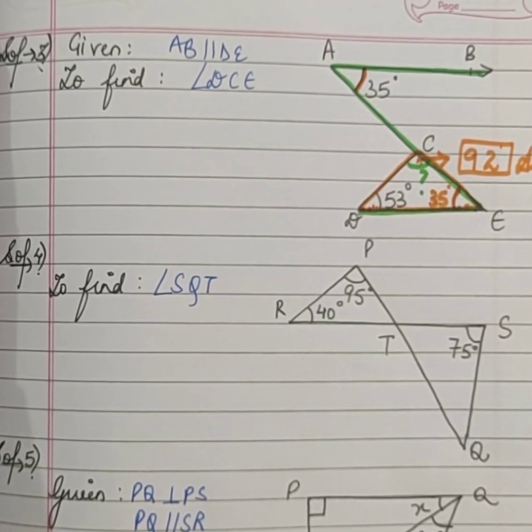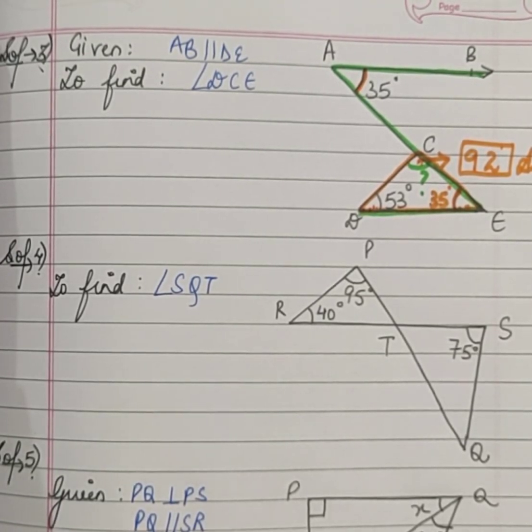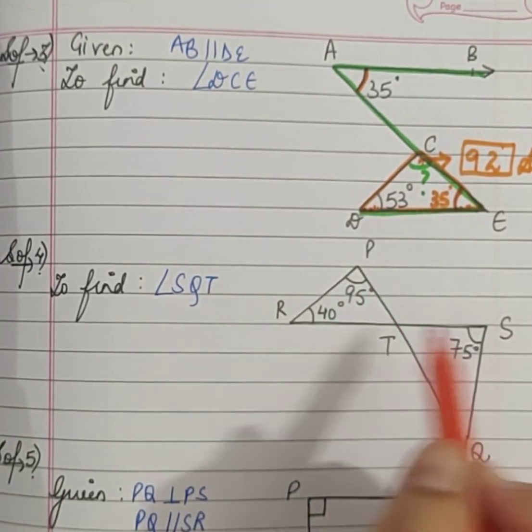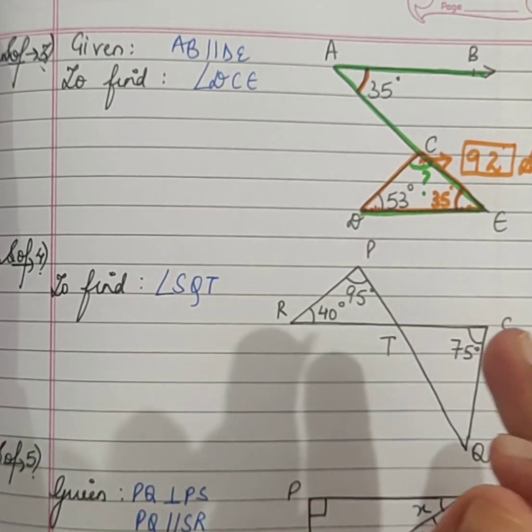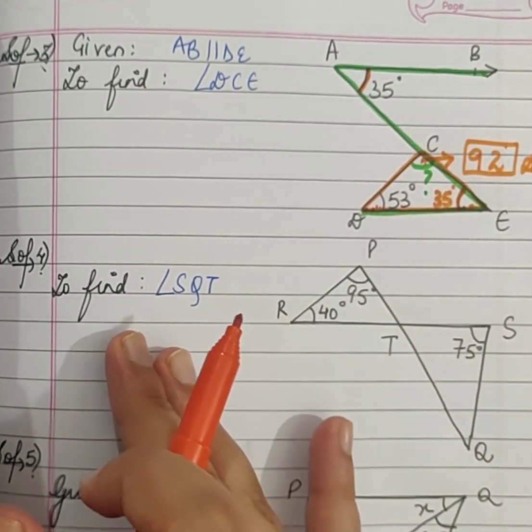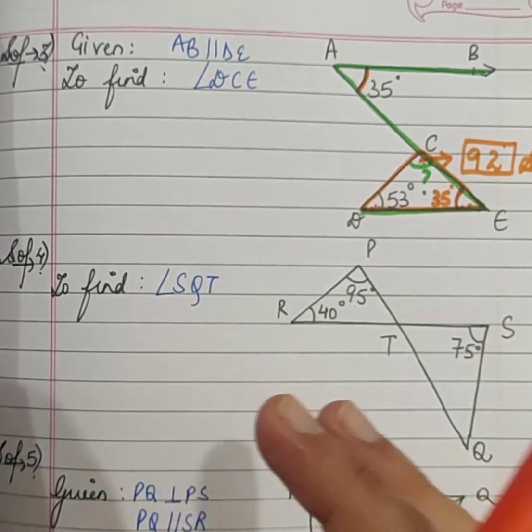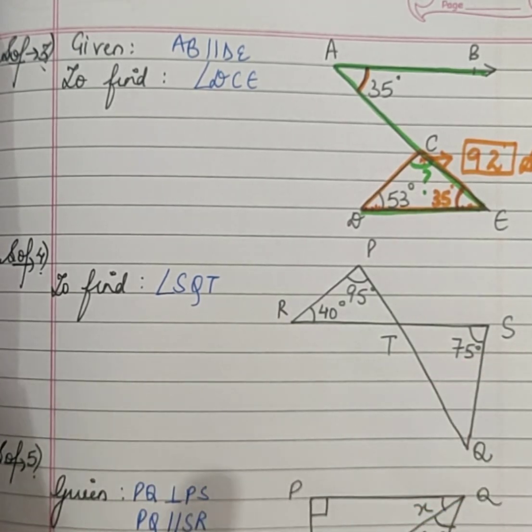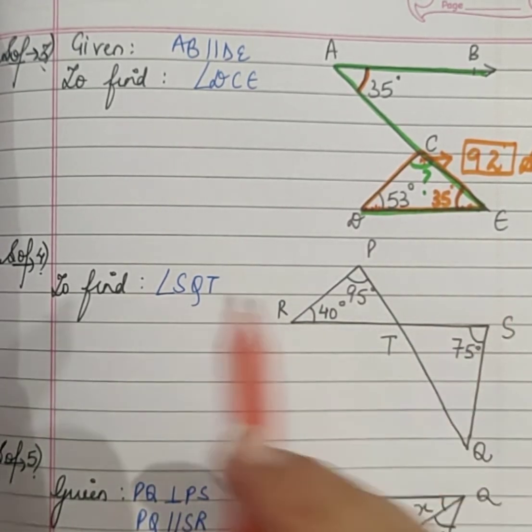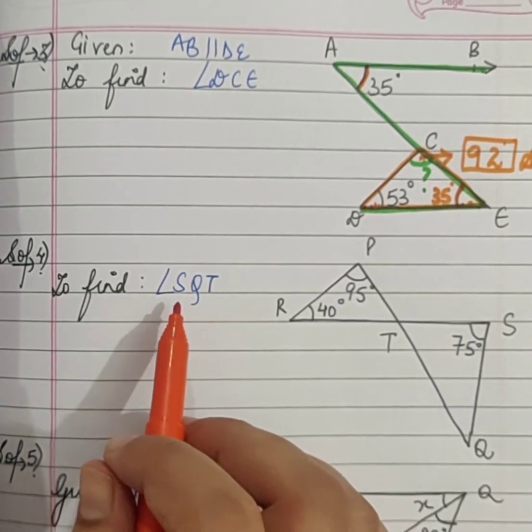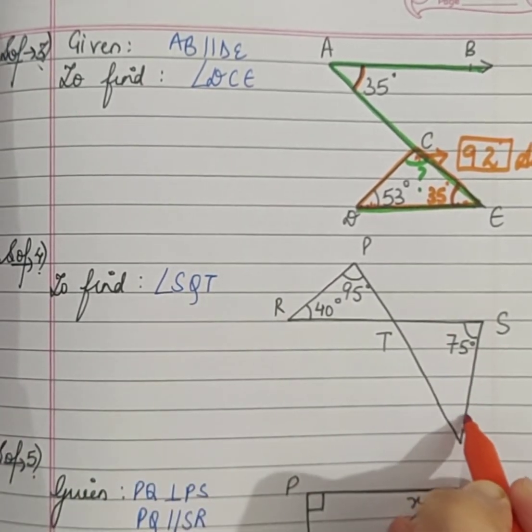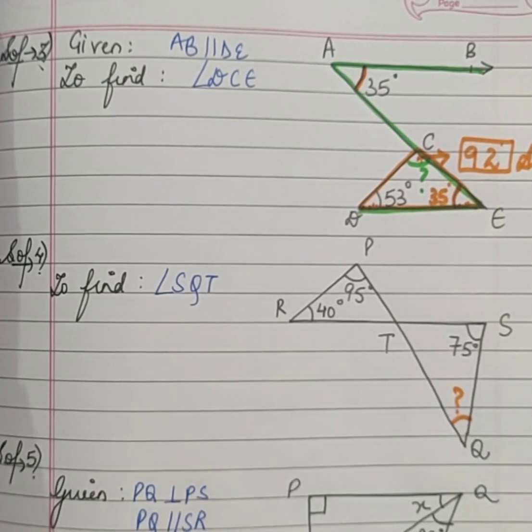Let's look at the next question, question number 4. This figure is given. Here no lines are given parallel. Do not get confused with this question. The lines are not given parallel in this question. We are supposed to find angle SQT. That means this angle.